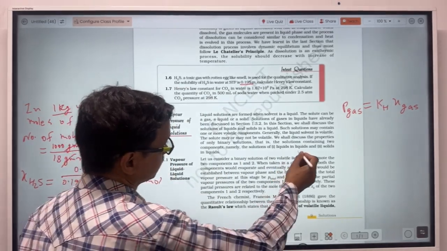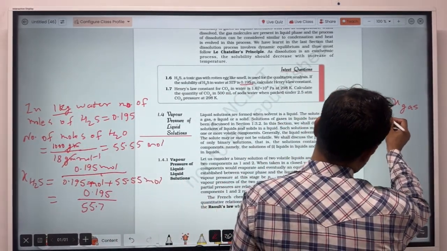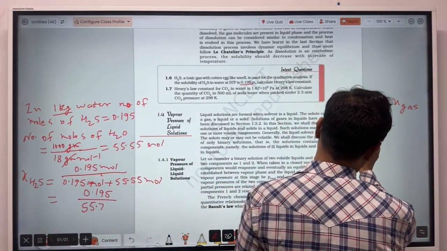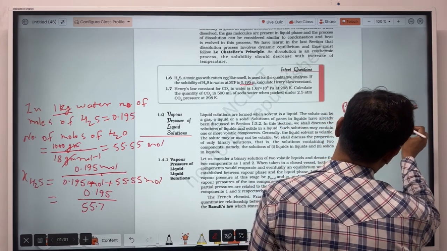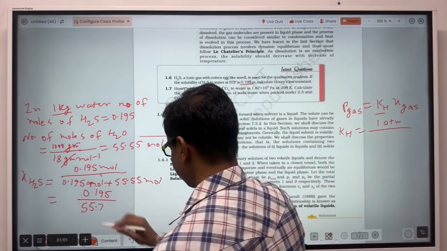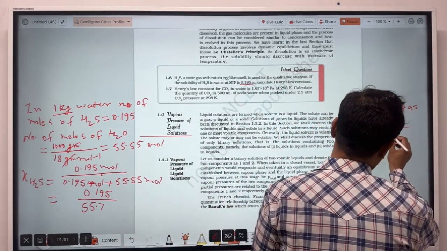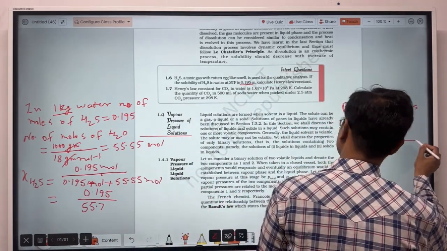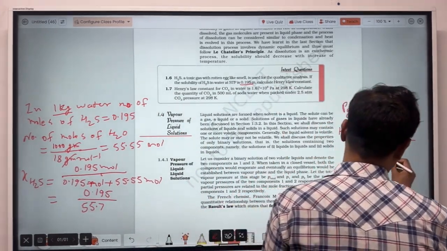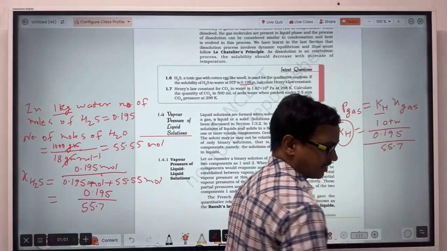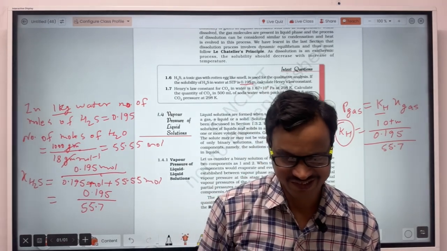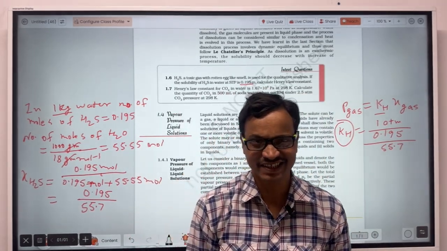So you will have to find out KH. KH will equal 1 atm upon the mole fraction you have calculated, 0.195 upon 55.7. Calculate this one and you will get Henry's law constant. Okay guys, very easy question.